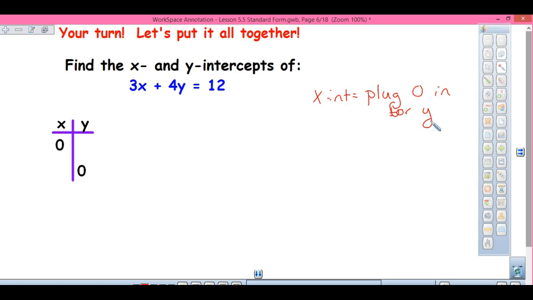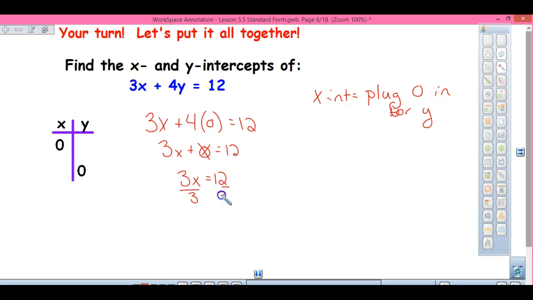So we have this equation, 3x plus 4y equals 12. What am I putting 0 in for? Y. So I've got 3x plus 4 times 0 equals 12, or 3x plus 0 equals 12. So this goes away, right? So 3x equals 12.